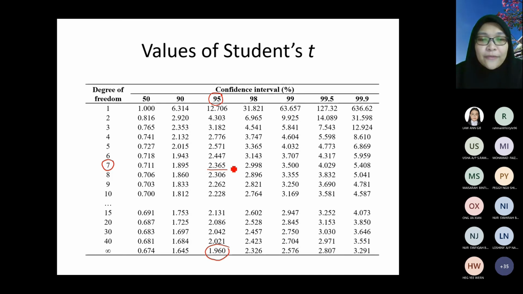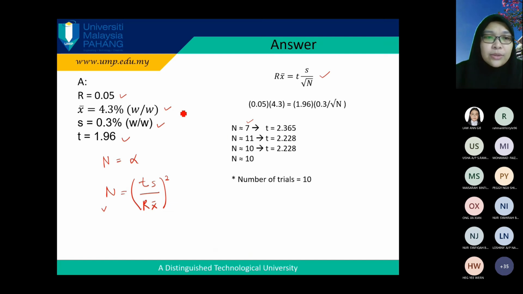Okay, the new value of t is 2.365. So now, to calculate the second one, you need to change t equal to 2.365. Insert in the equation here, you are going to get the new value of n. Kalau you masukkan, sepatutnya you dapat the second one, n equal to 11.